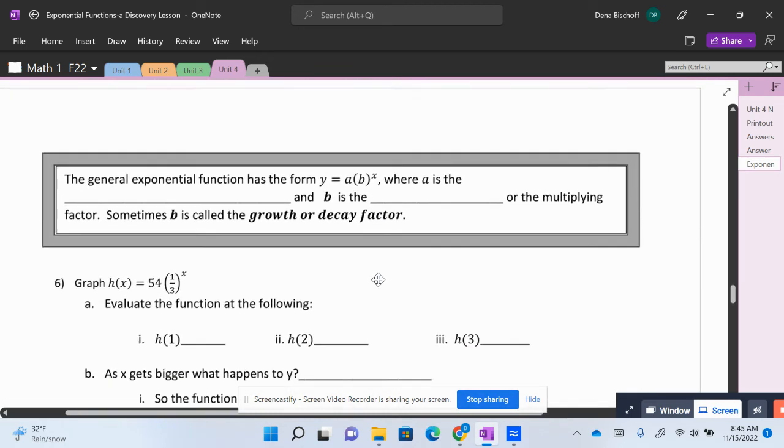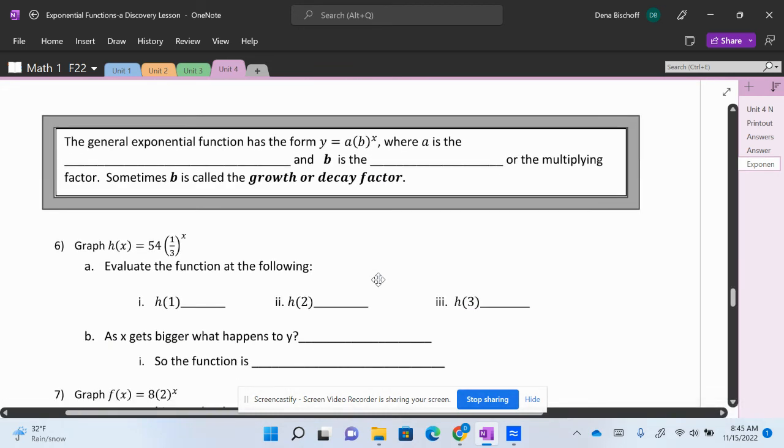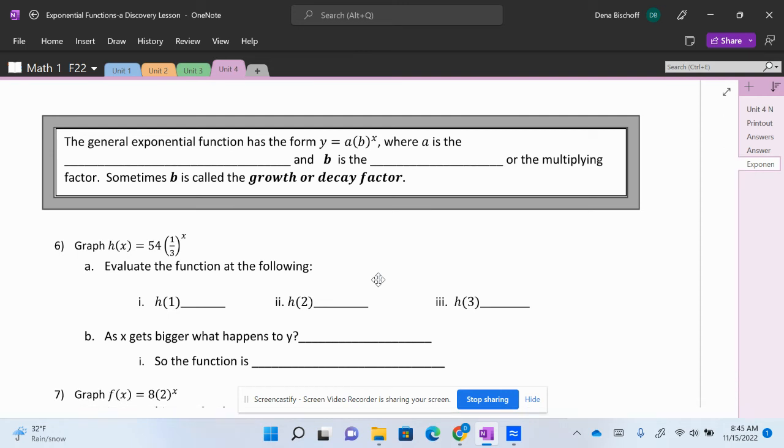Okay, so the general exponential function is in the form y equals a times b to the power of x, where a is the initial, sometimes it's called the initial value. But we know from linear functions that when we say what's the initial value, that means the y-intercept.